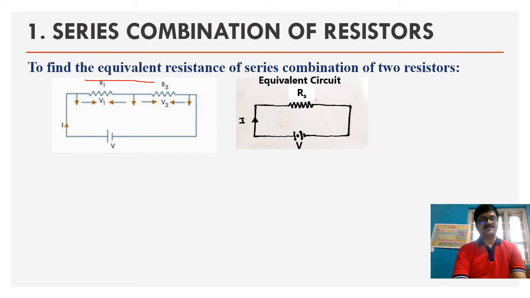Next, in the circuit you can see there are two potential differences, V1 and V2, which have been marked here. R1 has a potential difference of V1 and R2 has a potential difference of V2 across it. This is the most important thing that you must show in the diagram. I hope it is clear.